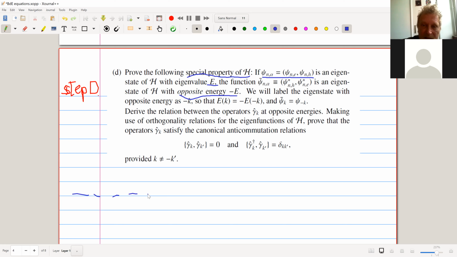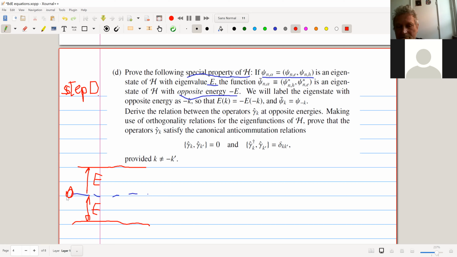So if there's a level at this position, there's necessarily a level at the opposite position counted from 0.